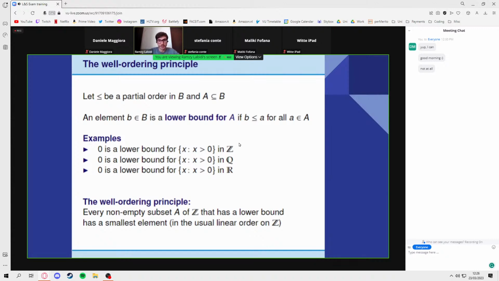It is the same case in Q and R. So the well-ordering principle says every non-empty subset A of Z that has a lower bound has a smallest element in the usual linear order on Z. So basically, any subset that's not empty and has a lower bound has a smallest element.